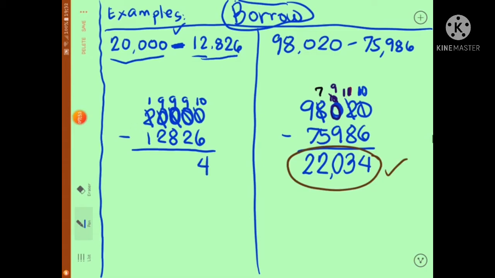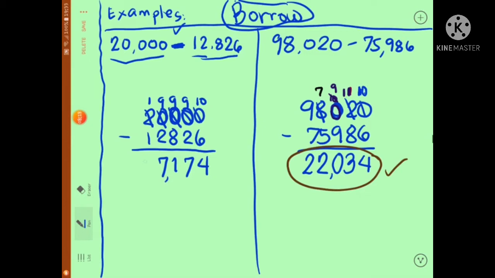9 minus 2. 9 minus 2 is 7. 9 minus 8. 9 minus 8 is 1. 9 minus 2 again. 9 minus 2 is 7. 1 minus 1, they're the same. So therefore, the answer is 0.